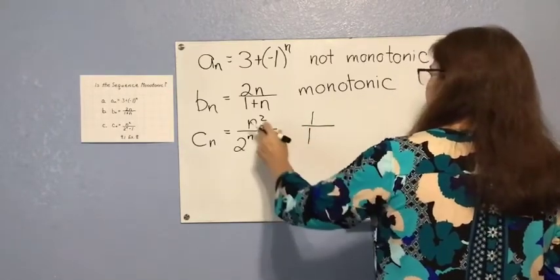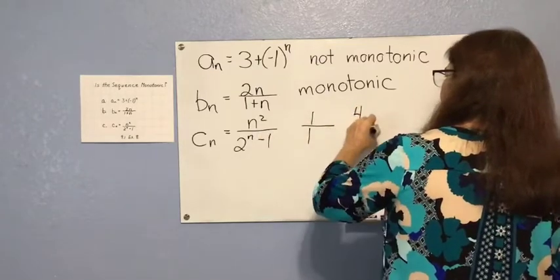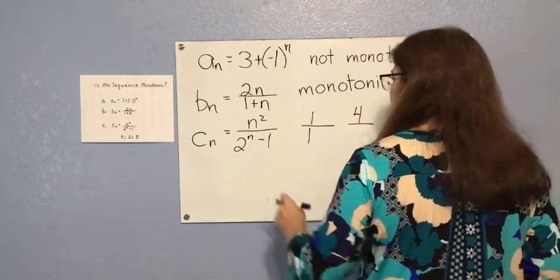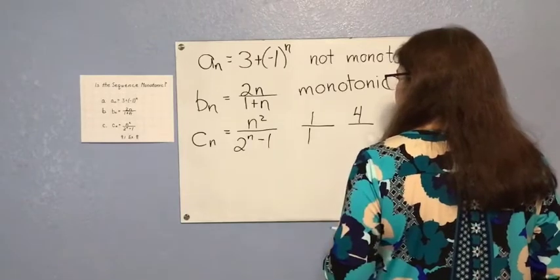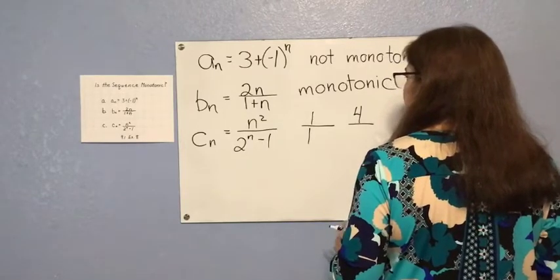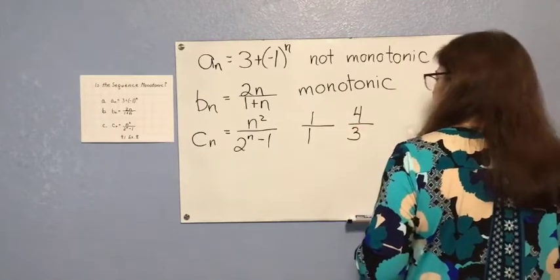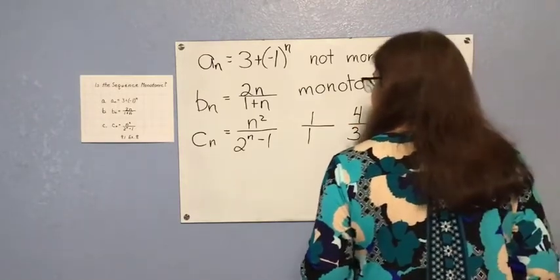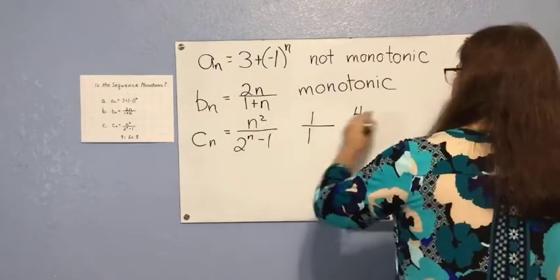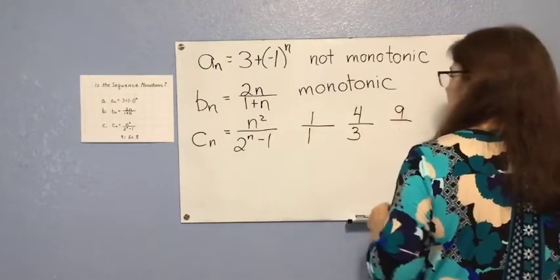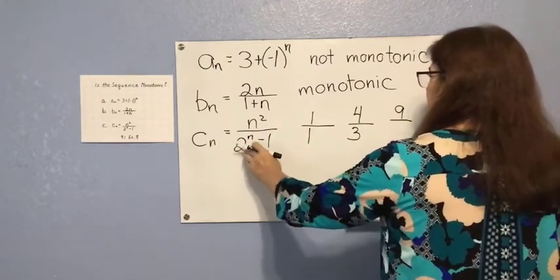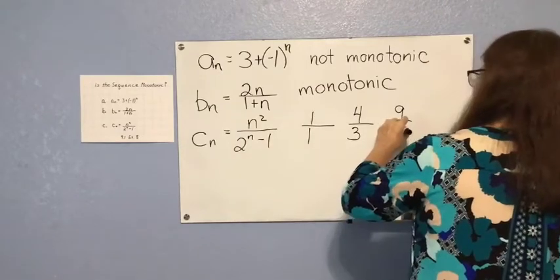My second term would be 2 squared, so 4 over 2 squared, which is 4, minus 1, so this is 4 over 3. My third term would be 3 squared, so 9. And then 2 to the third is 8 minus 1, so 9 over 7.